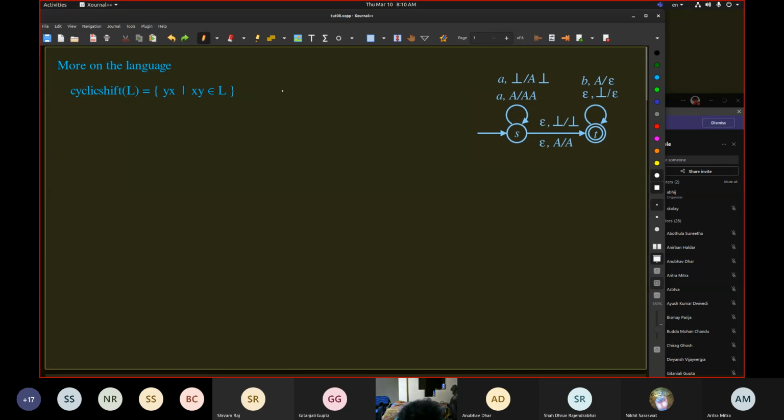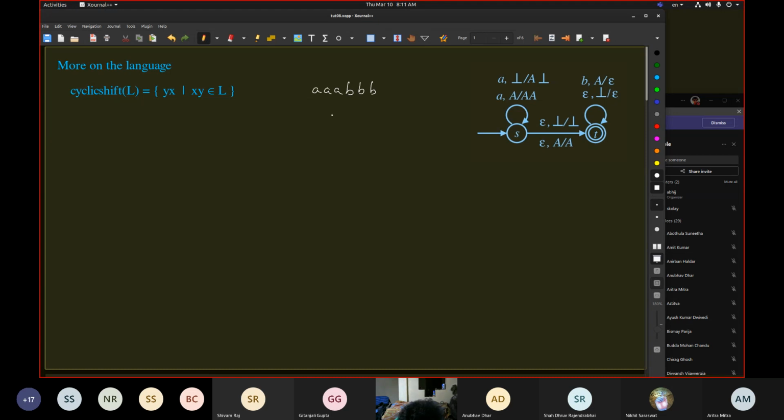Okay, so if the input is A, A, A, B, B, B, it is going to be accepted. And let us look at a cyclic shift of it.